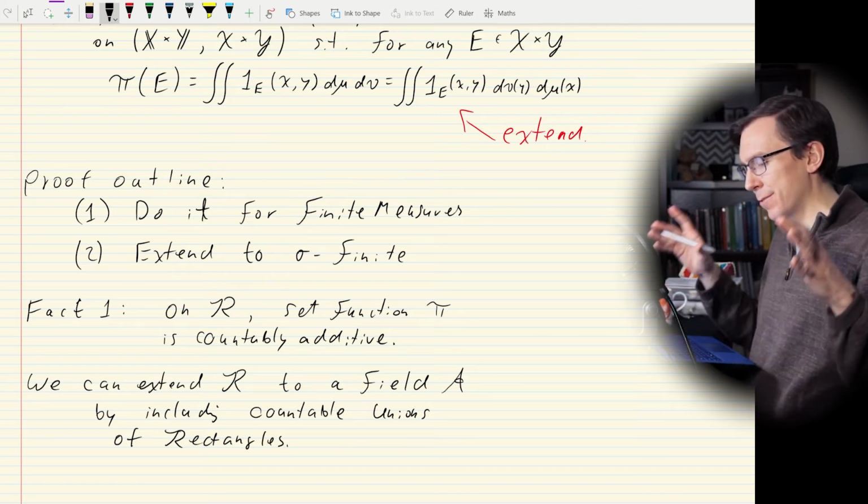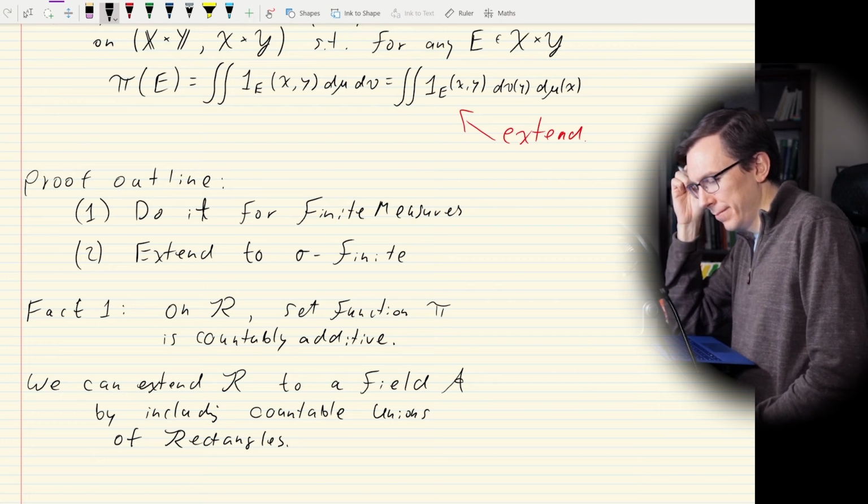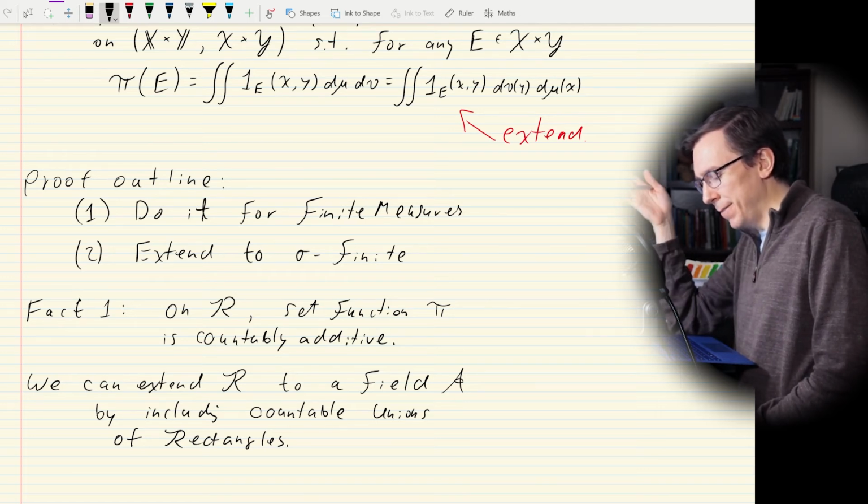So again, R is the set of rectangles. We can use countable unions to extend it to a field. The set function pi is countably additive.